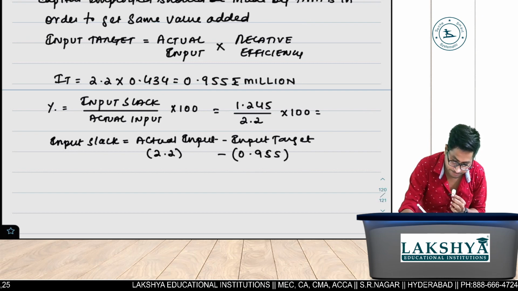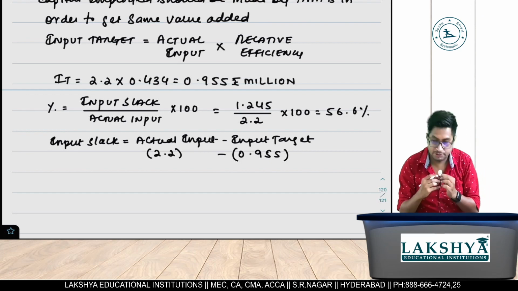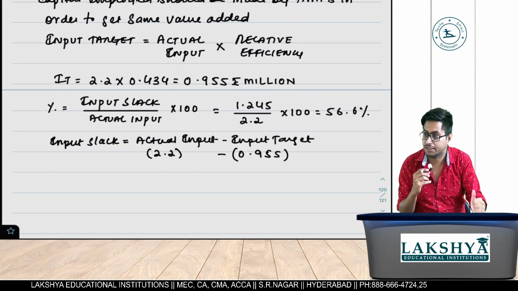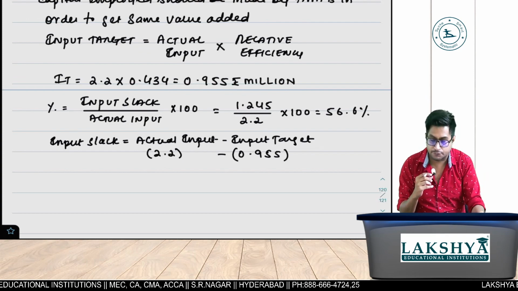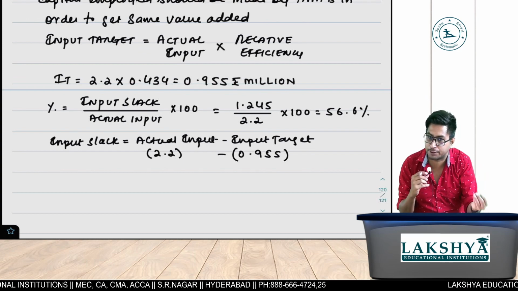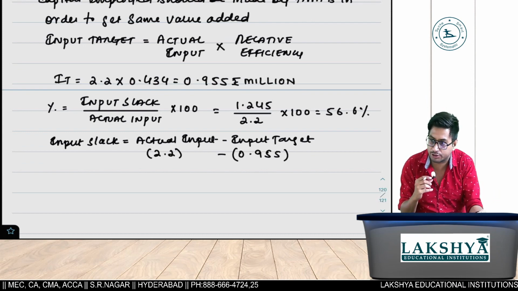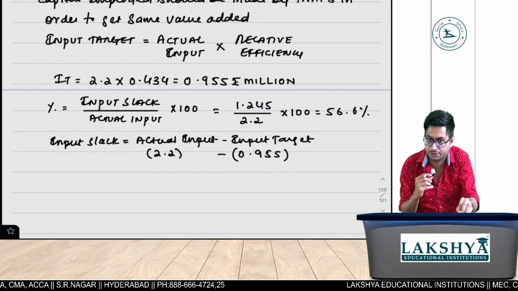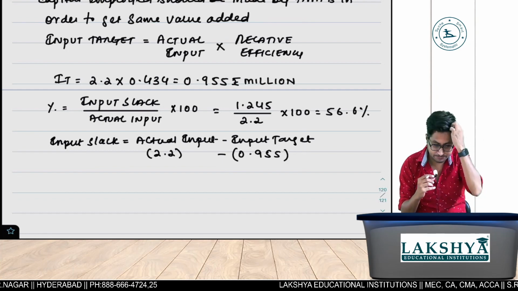How much is it? 56.6%. That means in simple words, in percentages how much capital employed should be reduced? 56.6% capital employed I should reduce in order to get the same level of output and become as efficient as firm A. Correct?